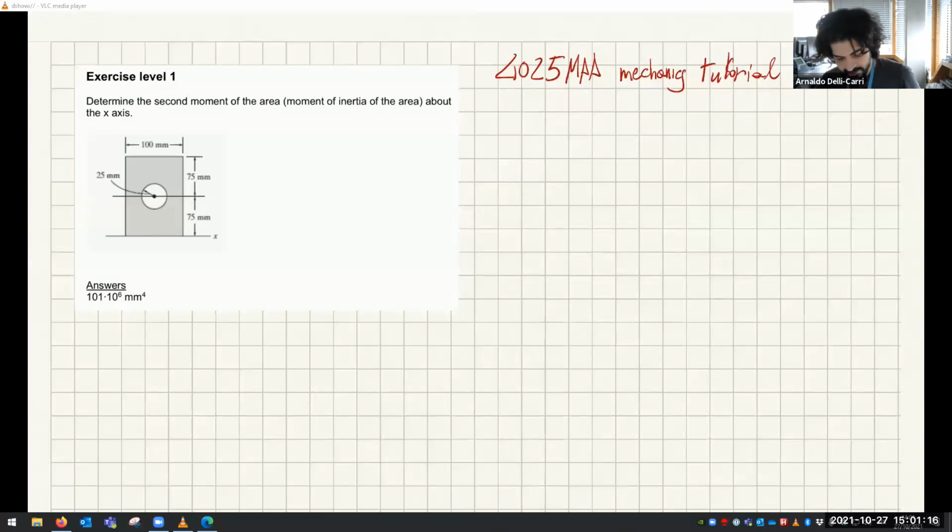Remember, the second moment of area about an axis is a number that tells you how much an area is distributed around a certain axis.